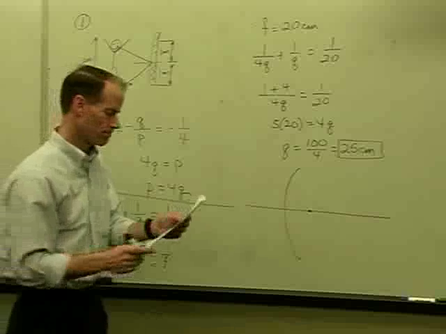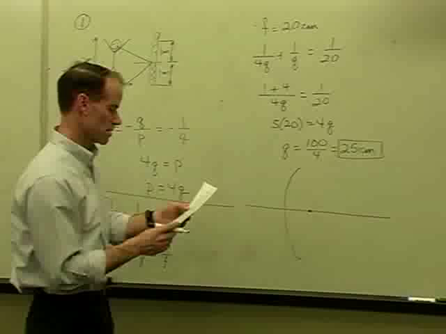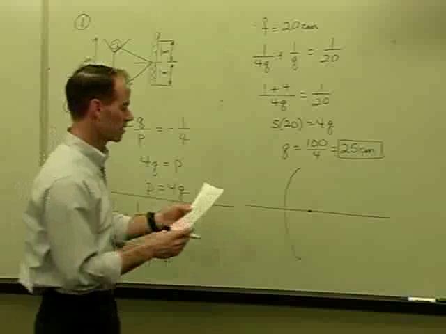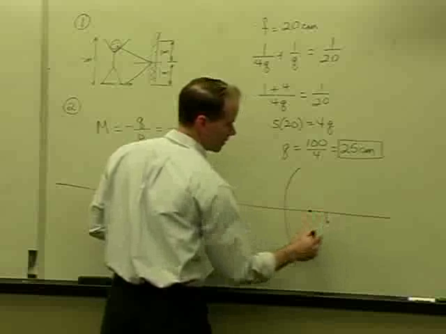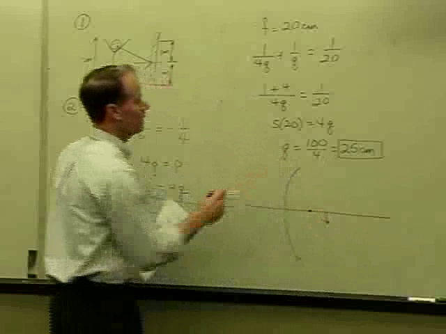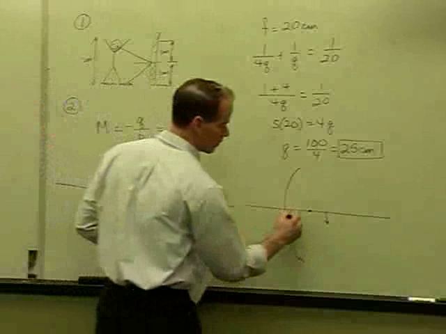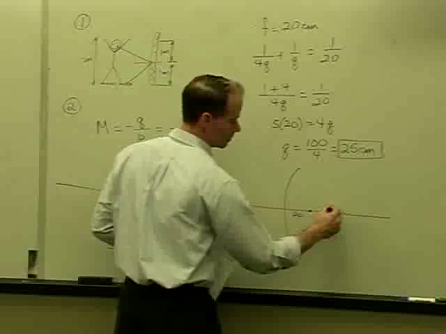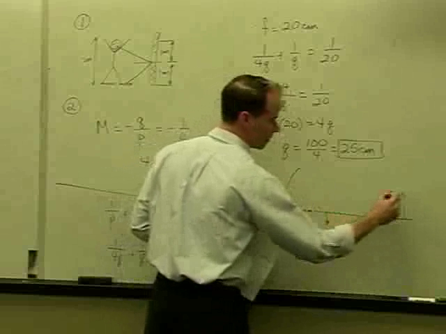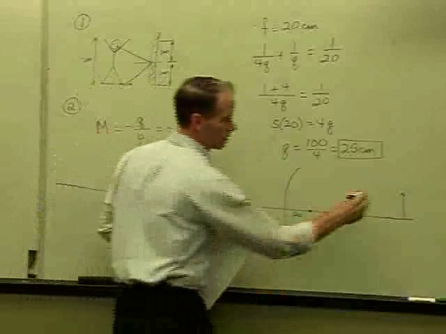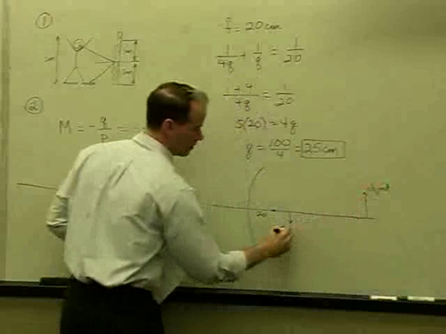And so, see, the image is going to be outside the focal point, inverted, something like this, and p is equal to 4q, and if that's about 20, then p would be way out here somewhere, maybe. There's our object. Here's our image.